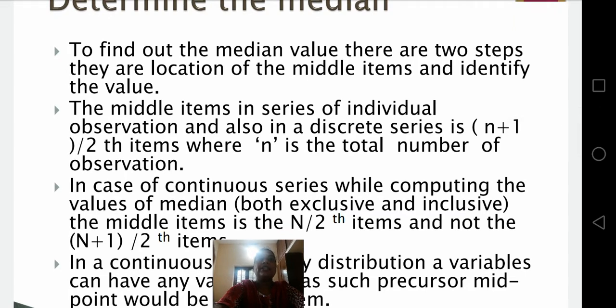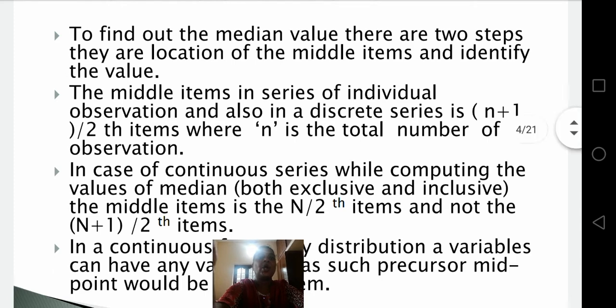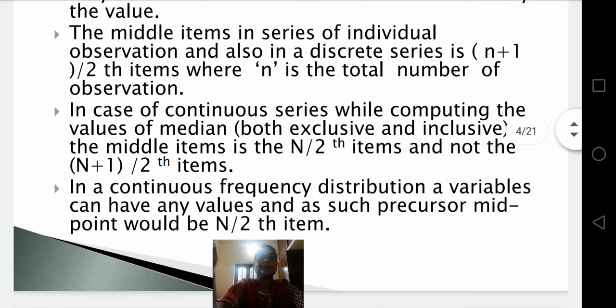Middle items in a series of individual observations can be identified by two different definitions. If it is a discrete series, we use the calculation n plus 1 divided by 2. That is, n is the total number of observations and we divide the total observations into two equal parts.